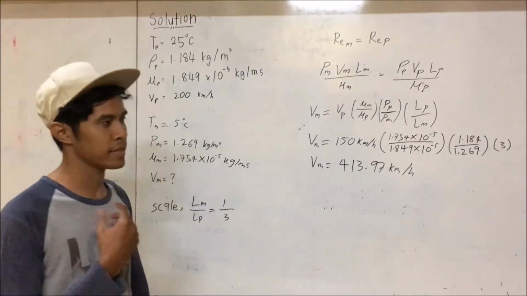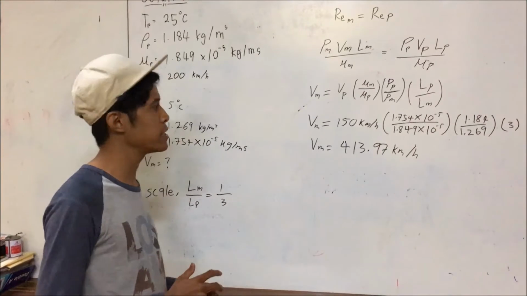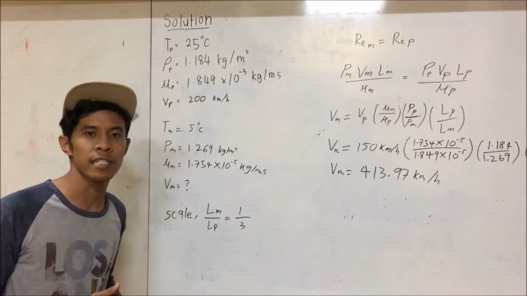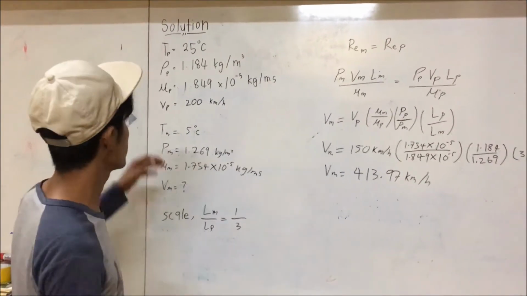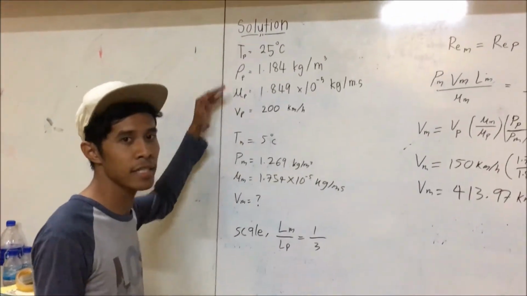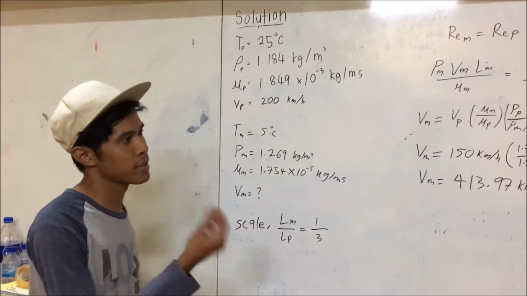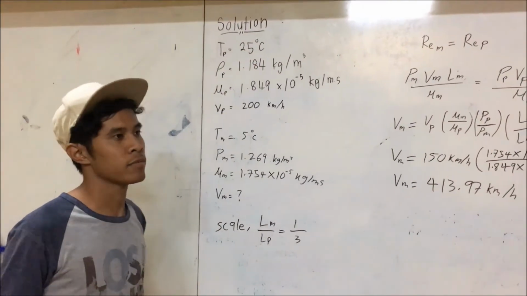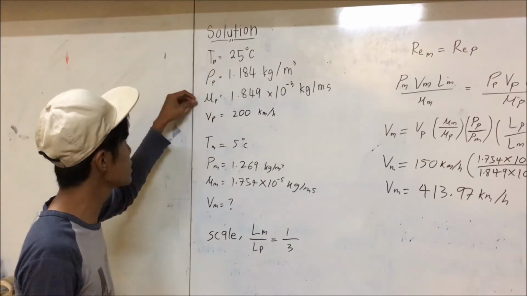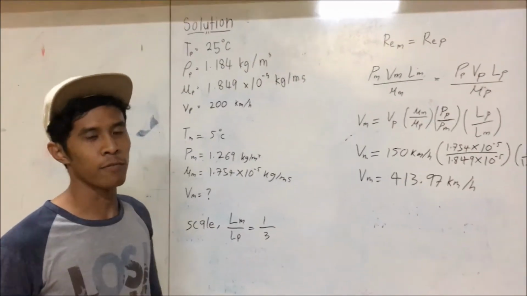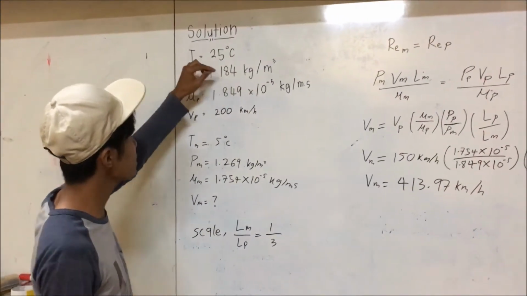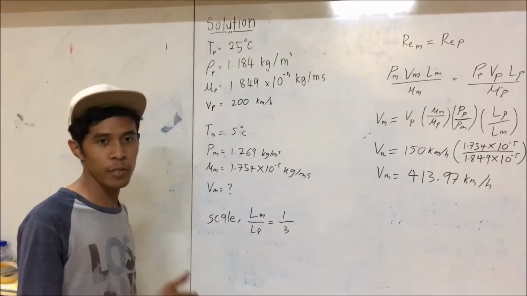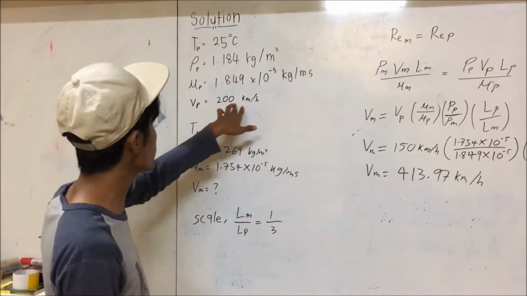My name is Amir Robin Mandini, and next I will explain the question. The question asks us to find the velocity of the model, where the application is a train. From the question we can list the information given. The temperature for the prototype is 25 degrees Celsius, and we can see the density and the dynamic viscosity from the table at the back of the fluid book. We get these two, and also the velocity for the prototype, the actual train, which is 200 km/h.